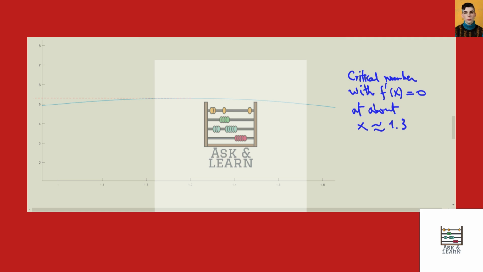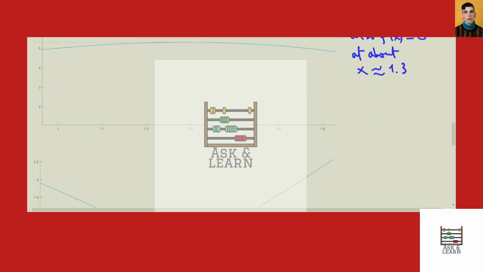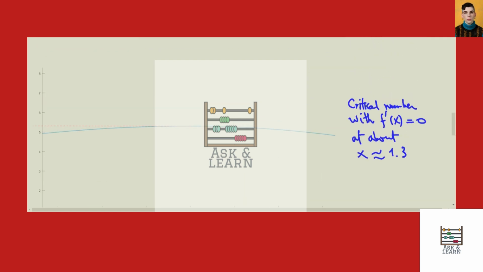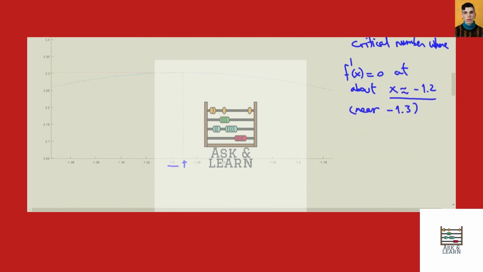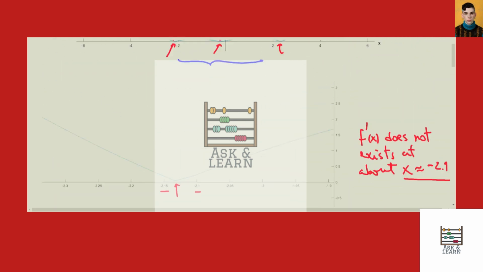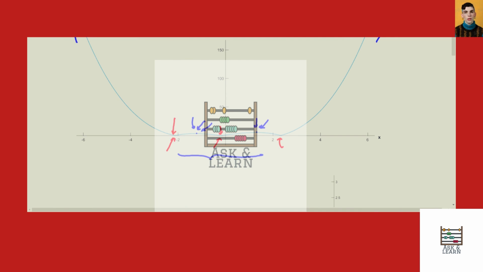And now we go to the last one, which is another point where the derivative does not exist, this one here.